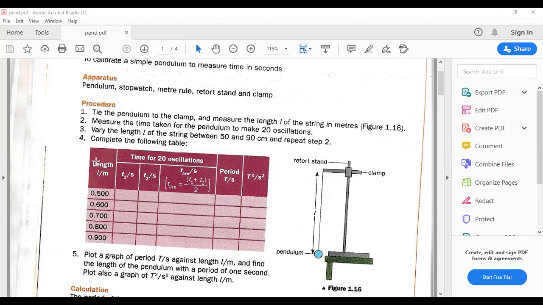When the pendulum moves to another point and then returns back to its original place, it will be one oscillation. And if we do 20 of them, it will be 20 oscillations. Very good. So we will mark a point A, and we will see with our eyes when it completes 20 oscillations, we will stop the stopwatch and we will record the time.